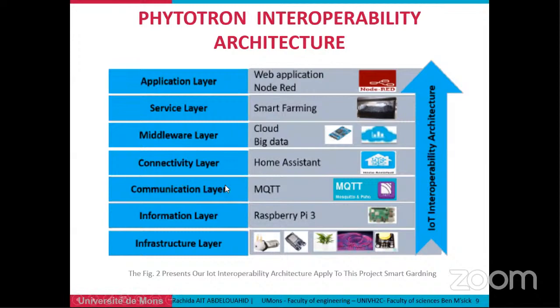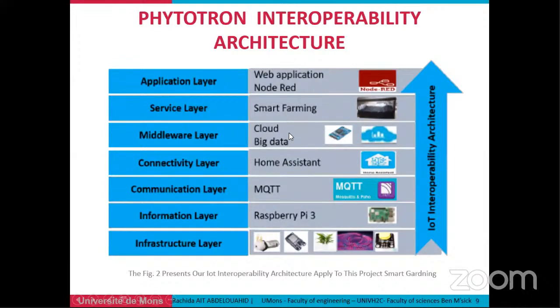In the communication layer, we have used the MQTT protocol by installing Mosquito as the broker and server of our MQTT protocol. In the connectivity layer, we have installed Home Assistant on our Raspberry Pi.